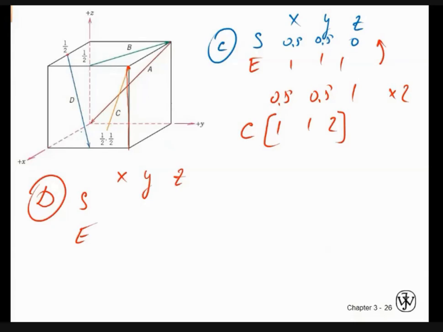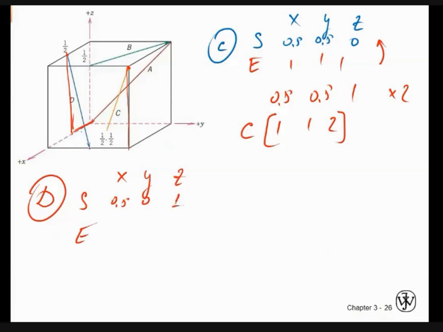I have the origin here. So what are the coordinates? Half length in X, 0.5. Full length in Z, 1. I didn't use Y. That means 0. So it will be 0.5, 0, 1.